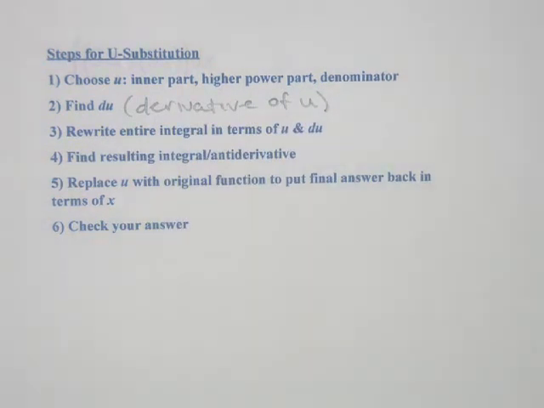Then we're going to rewrite the entire integral in terms of u and du. Then we can find the resulting integral or antiderivative. And then finally replace u with the original function to put the final answer back in terms of x. We always want it back in terms of x. And then check your answer.